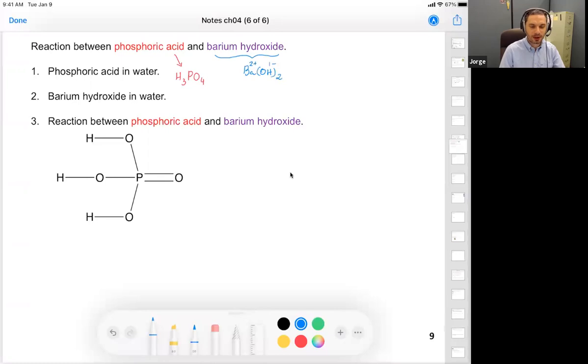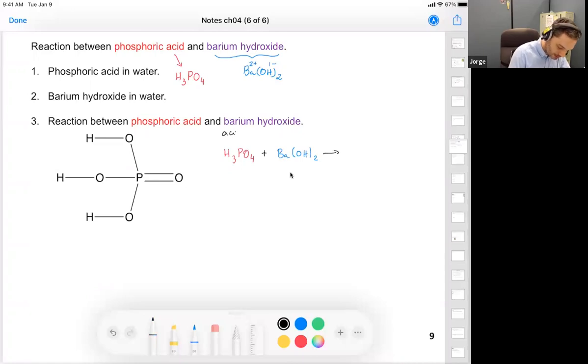Okay, so now let's write the reaction between phosphoric acid and barium hydroxide. So I'm going to write here in the corner. So we have H3PO4 plus Ba(OH)2.